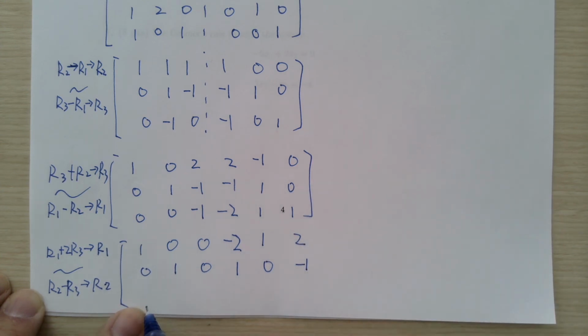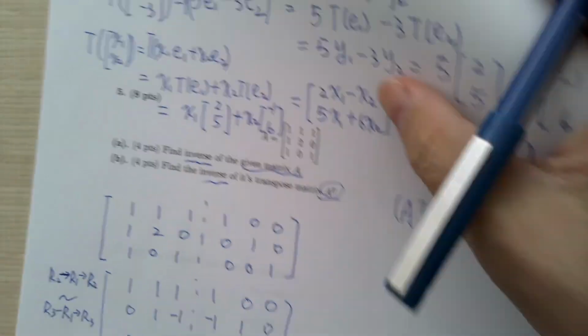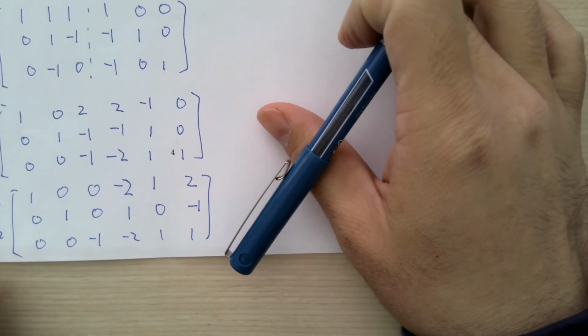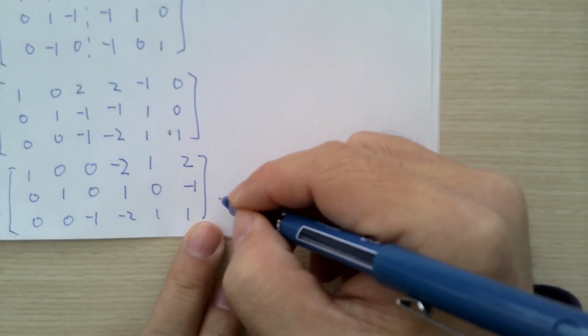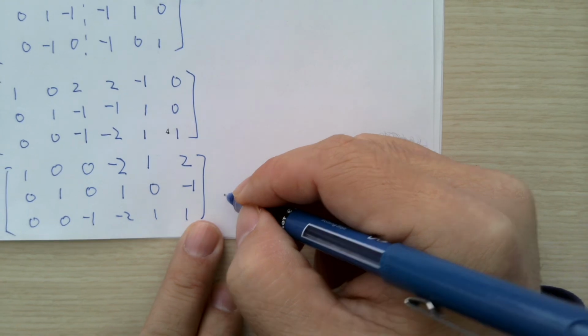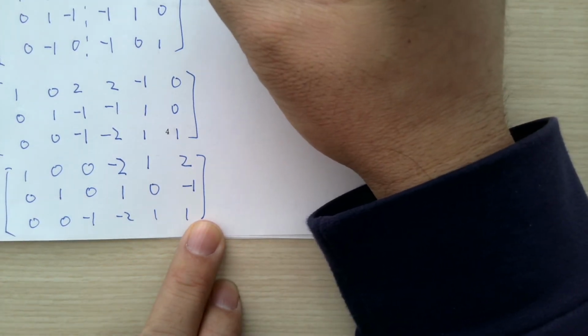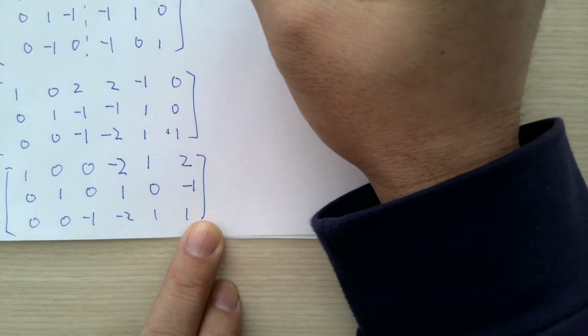And R3 is 0, 0, negative 1, negative 2, 1, 1. Very quickly, R3 times negative 1 becomes the new R3.